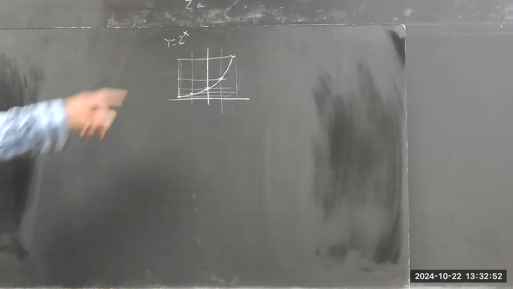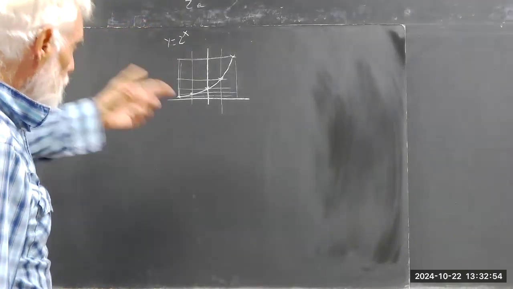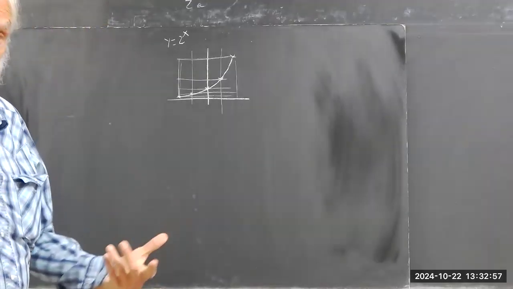Okay, you've got y equals 2 to the x. Every time x changes by 1, y doubles.